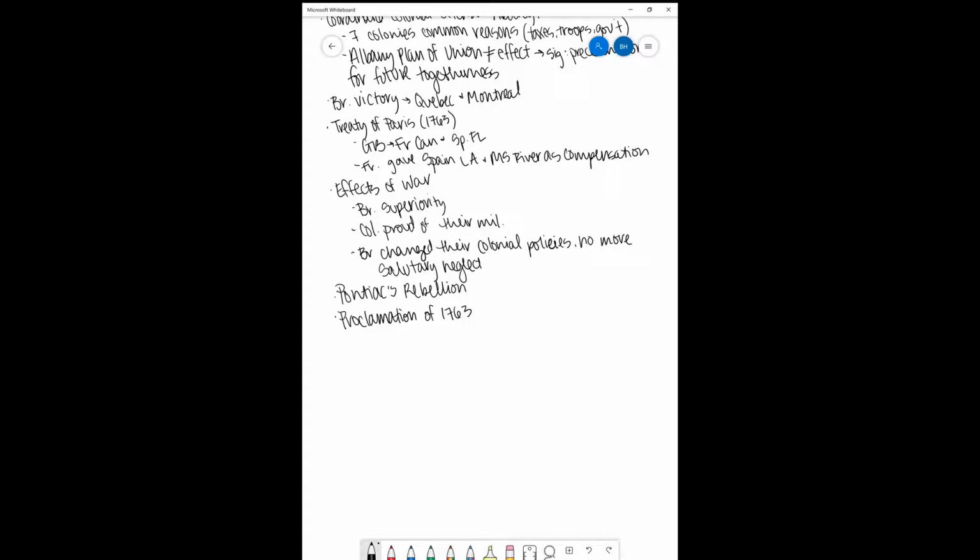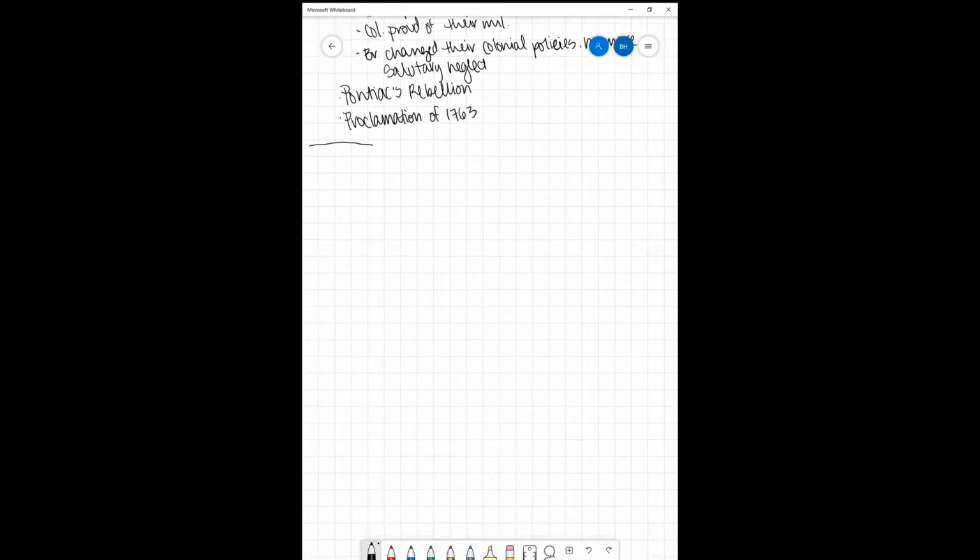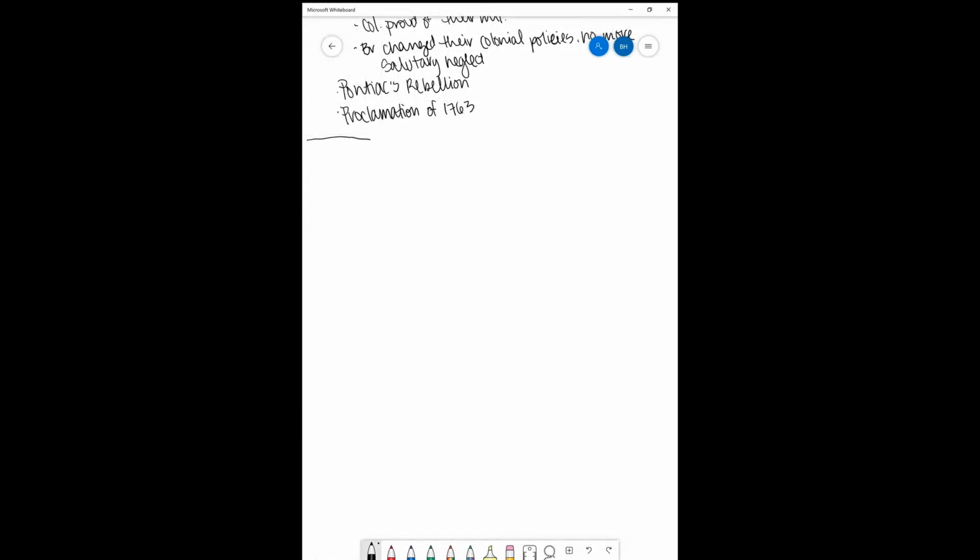So that kind of concludes and brings us through 1763, the first part of period 3. So keep in mind, I had mentioned that there was no more salutary neglect, and the British government ended up placing a series of acts and taxes on the colonies as a means of trying to protect the colonies, but then also requiring that they pay for their share of protection.